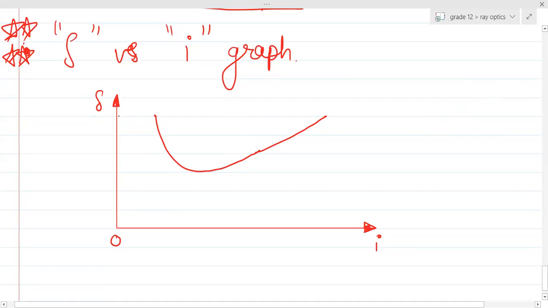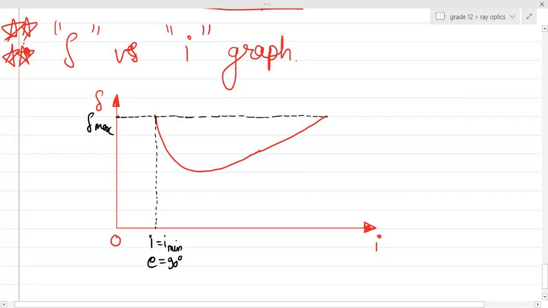Can you say there are two points? There is one point. Guys, can you see this one point where delta is basically maximum? Delta will be maximum at what value? It will be when I is equal to minimum, and when I is minimum, E will be 90 degree, if you remember. Yes? Yes, sir. What condition is this?